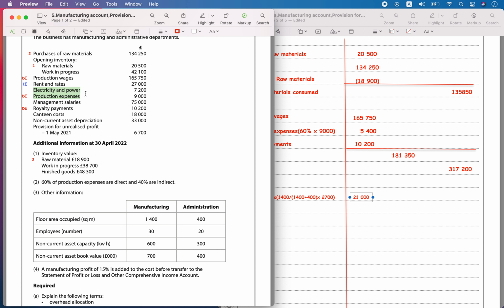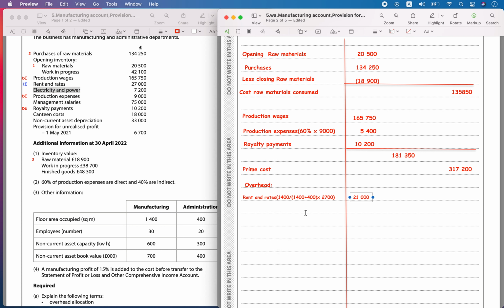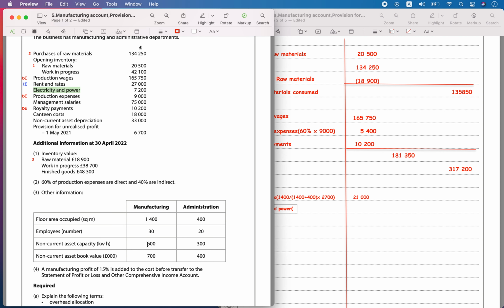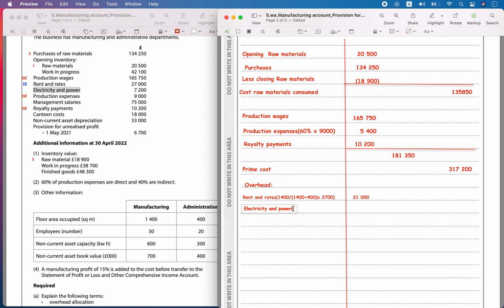Now the next one is electricity and power. It's an indirect expense, so let's write that. Here also we have to apportion it, based on the capacity, KWH. 600 divided by the total, 600 plus 300.